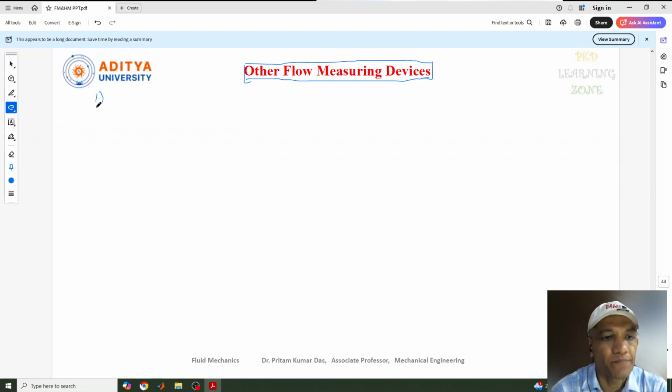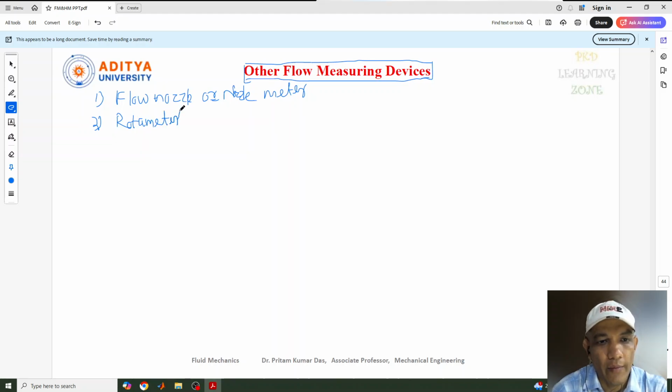Let me highlight this. One is the flow meter, which we used to call a flow nozzle, or it is also called a nozzle meter. Another one is the rotameter.